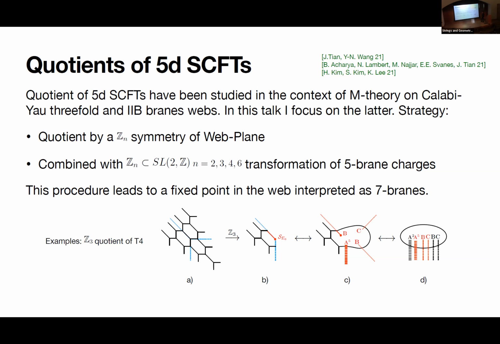What you are left with is 1/3 of the brane web in this way, but at the center you have a fixed point that is interpreted as a new 7-brane source, and the conical deficit is compatible in this case with the E6 7-brane. You can then separate the E6 7-brane in terms of A, B, C branes, and what you get is this new web. Then you can also take out this brane by Hanany-Witten moves to read off what the theory is.